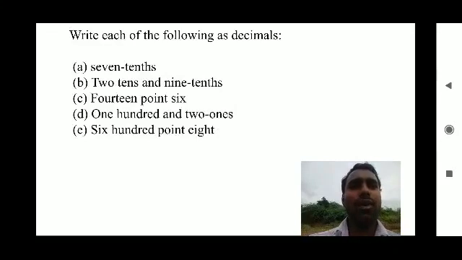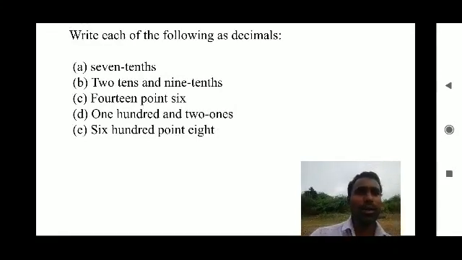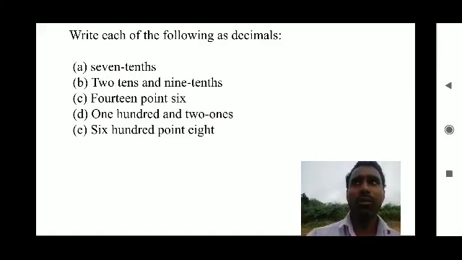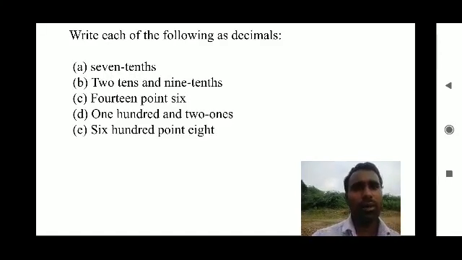Write each of the following as decimals: 7 tenths, 2 tenths and 9 tenths, 14.6, 102 ones, 600.8. These are the few statements they gave. Just take your mathematics book and note.